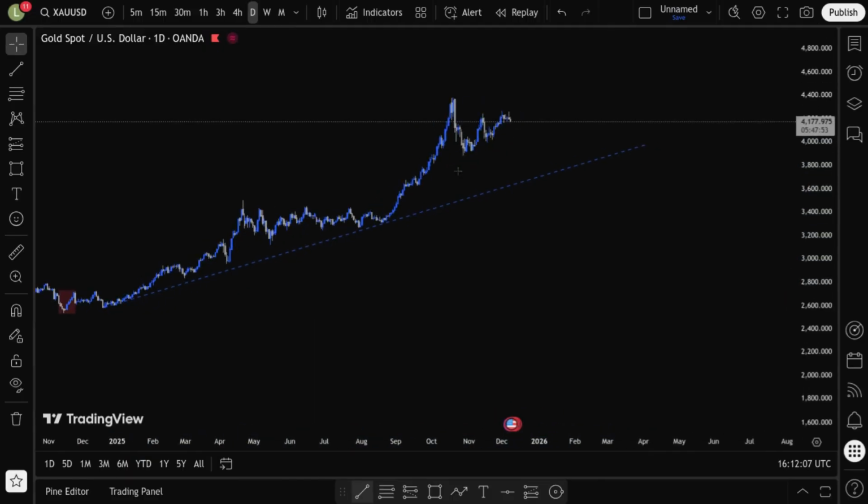As you can see, my trend line here is showing me that price is going towards the upside. So that is the price action. The current price action is that the market is bullish, and whenever I see this, I know that I'm anticipating price to come back here, although that's not what I'm anticipating on gold. But if price comes back here, I'm going to be going for a buy. I'll wait for a candlestick pattern that shows my confirmation, and then we're going for a buy towards the upside.